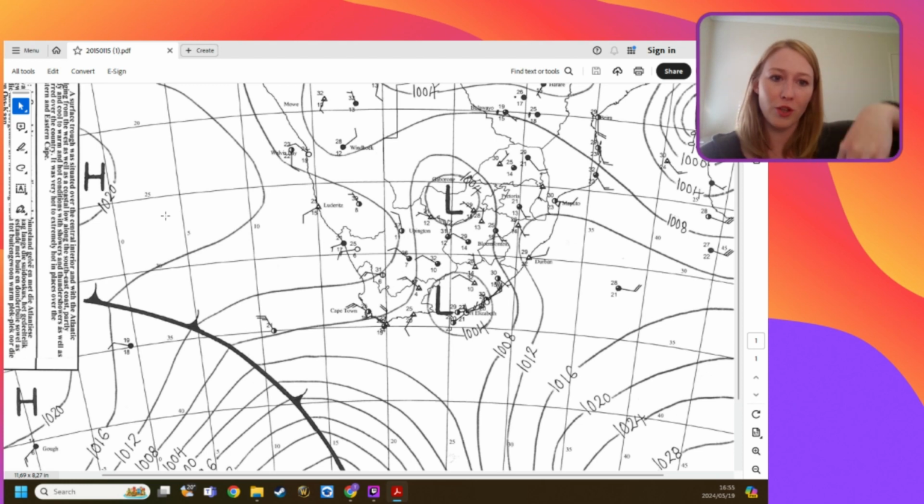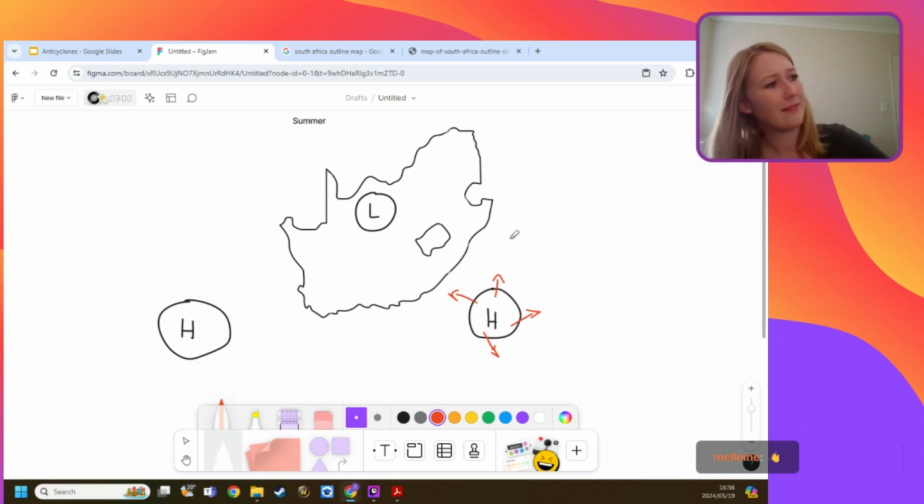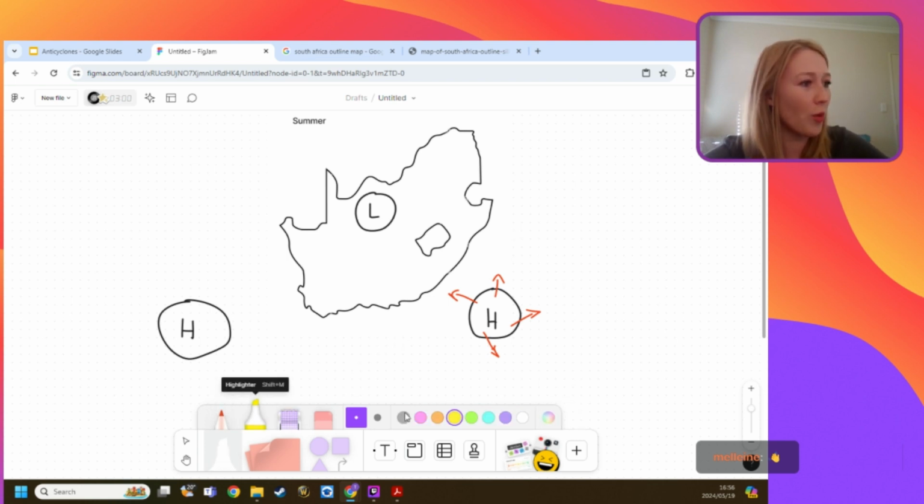High, ridge, low, trough. I'm changing color to red because it's supposed to be warm. And the wind is blowing away from the high pressure, blowing over the warm ocean current. Let's maybe make this over here pink.